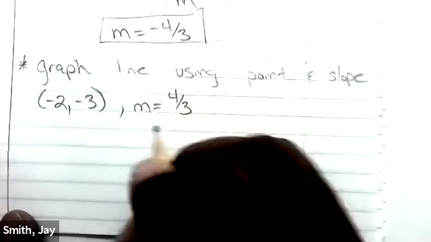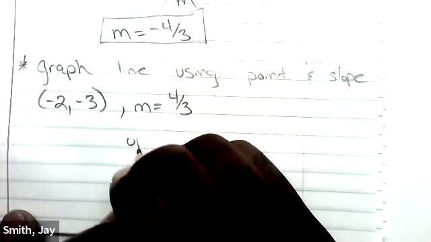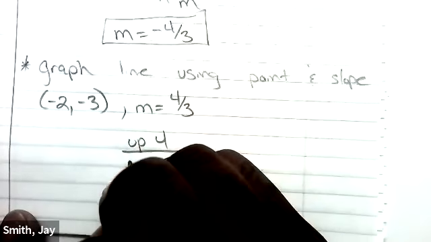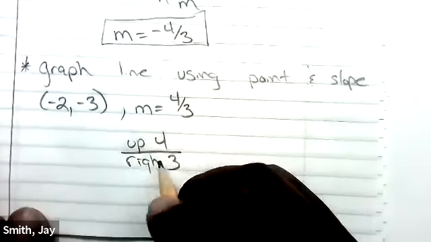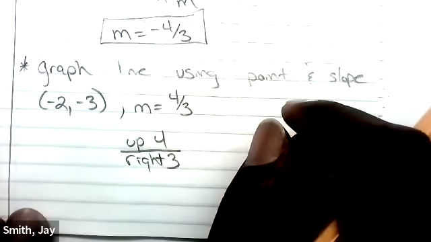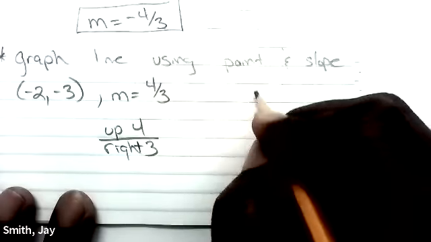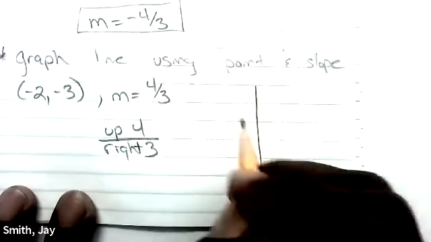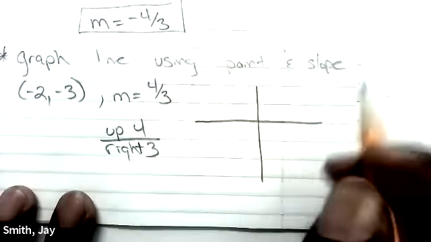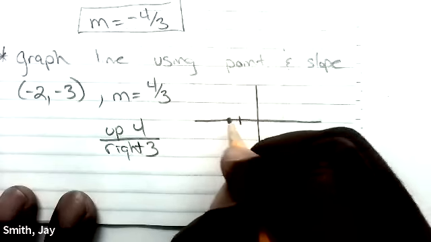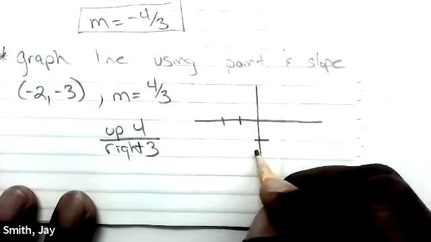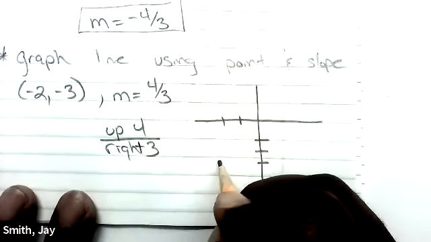Remember, the slope, top number is up and down, so we go up 4, bottom number is left and right, right 3. First off, we can start at the ordered pair -2, -3. So that's to the left 2, down 1, 2, 3. That's the point on my line.